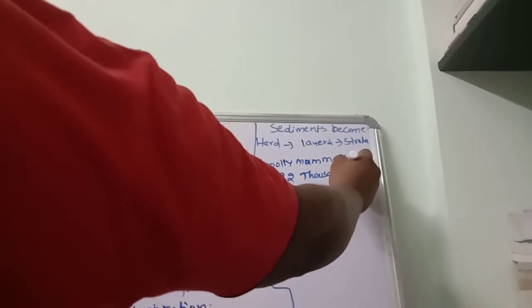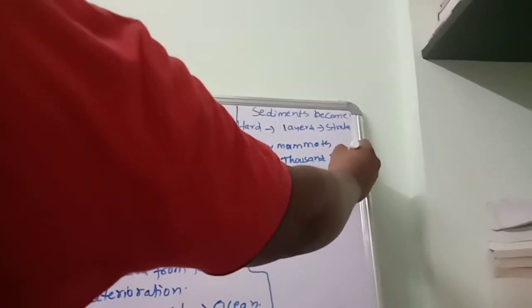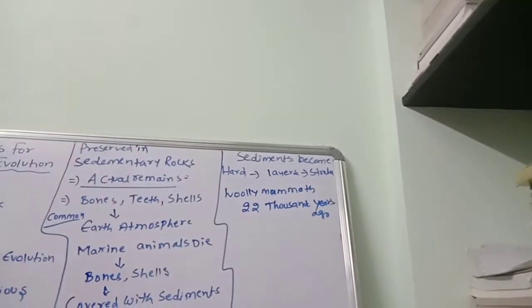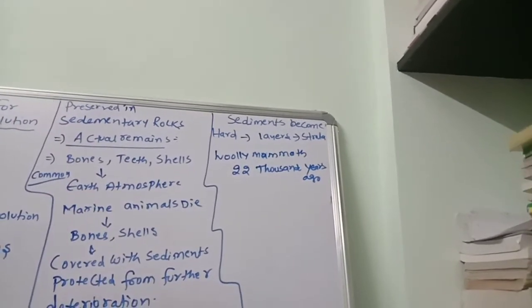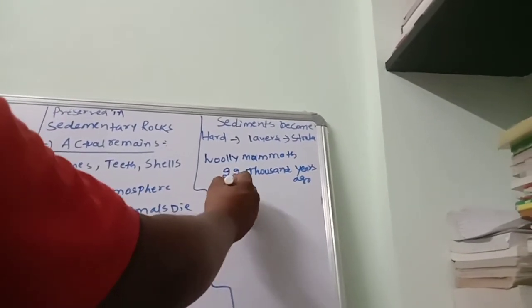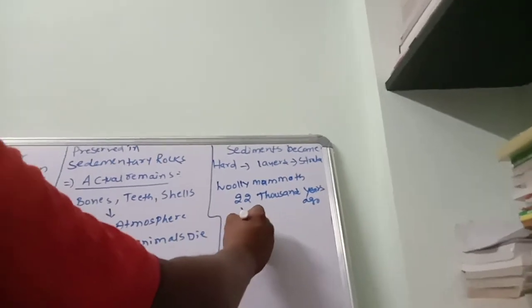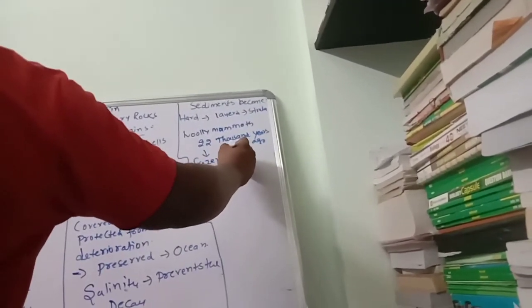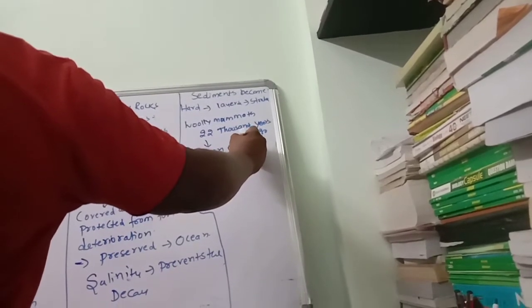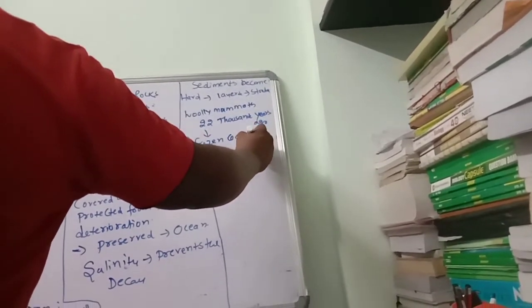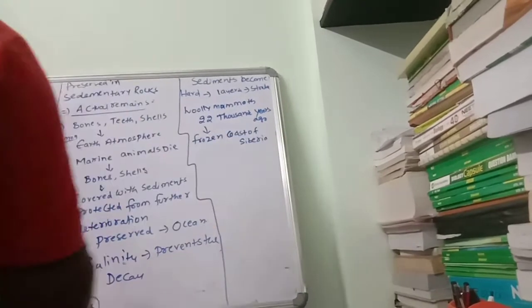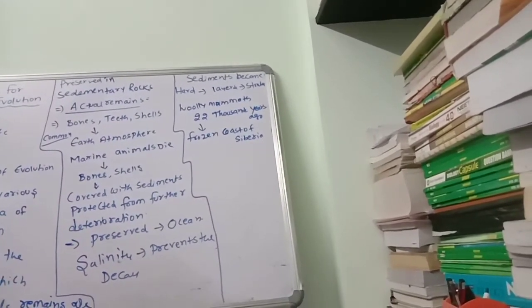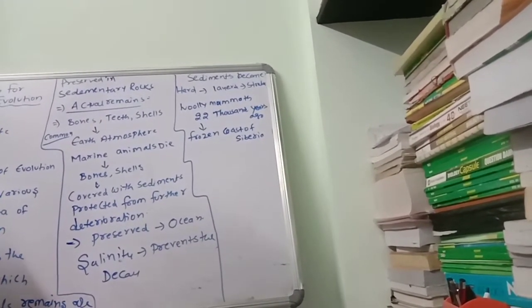This woolly mammoth was preserved in which place? The frozen coast of Siberia.